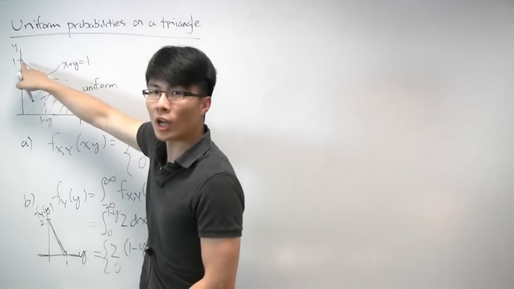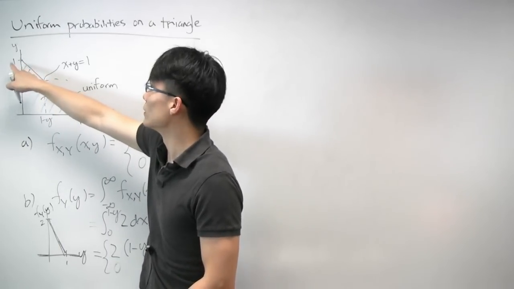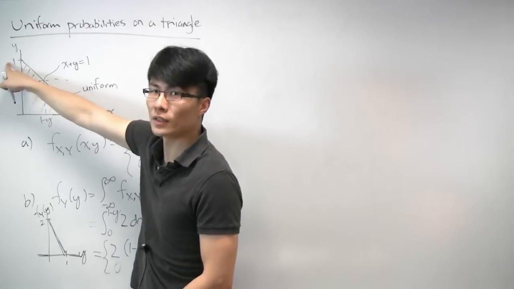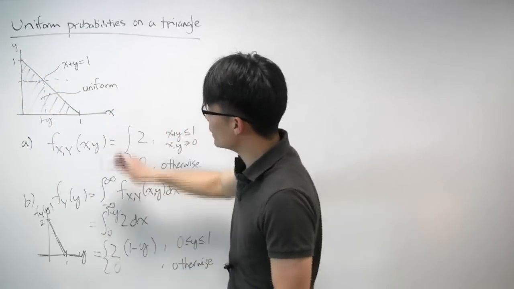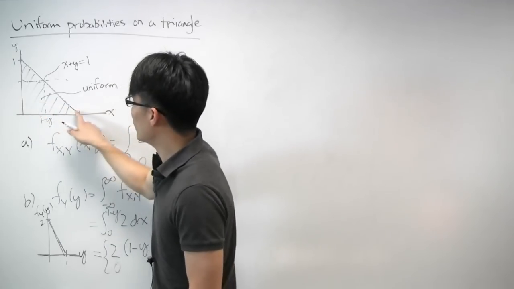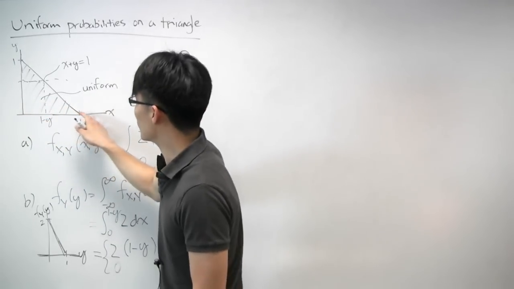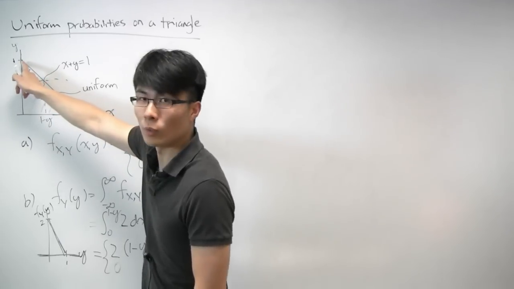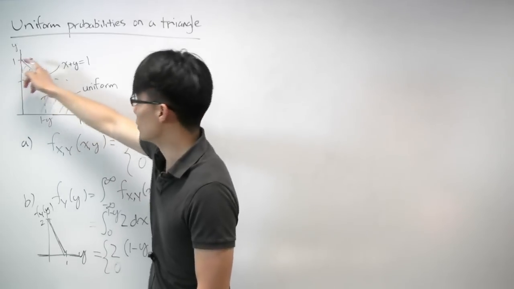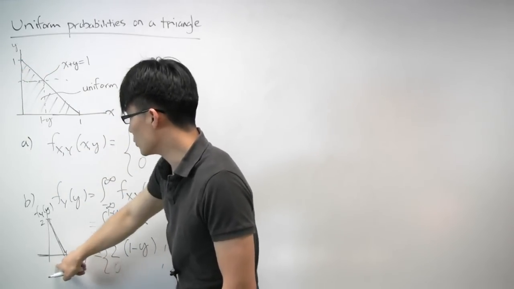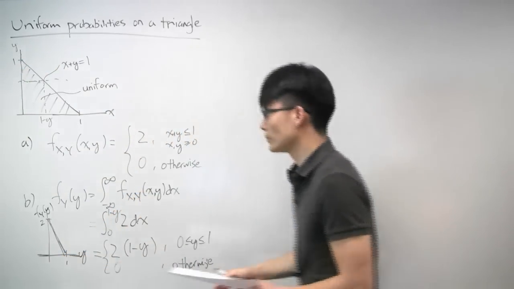There aren't very many combinations of x and y that give you that large a value of y, and so that large value of y becomes less likely. Another way to think about it is when you collapse this down, there's a lot more stuff to collapse down at this base. There's a lot of x's to collapse down, but up here there's only a very little bit of x to collapse down, and so the PDF of y becomes more skewed towards smaller values of y.